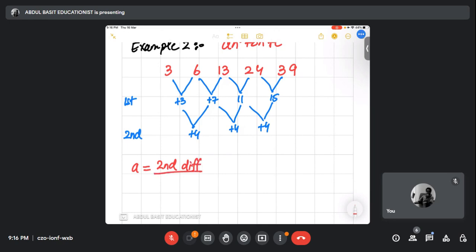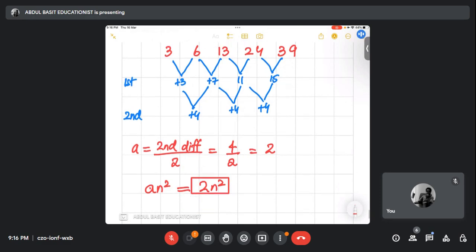Divided by 2. So Rida, second difference को 2 पे divide करते हैं quadratic में. अच्छा, 4 divided by 2 is 2. So now you got the value of a. It means that a n square is equal to 2n square in this question. Is this clear, Rida? Yes, sir.